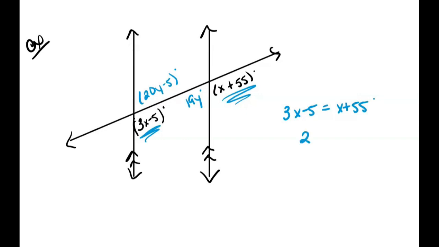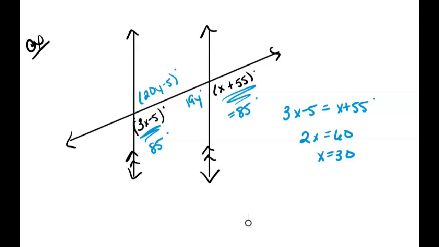So if we subtract x and we add 5, x equals 30. And then if we needed the angle measure, we could plug that in. 30 times 3 is 90 minus 5, so this has to be 85 degrees. And over here, the same thing, 30 plus 55 has to be 85 degrees.